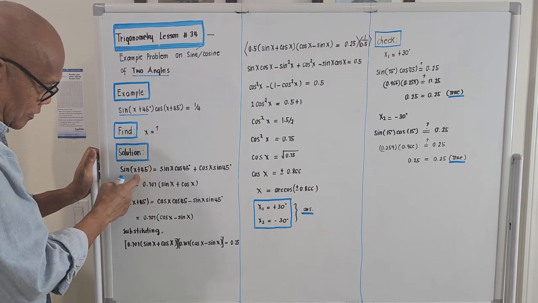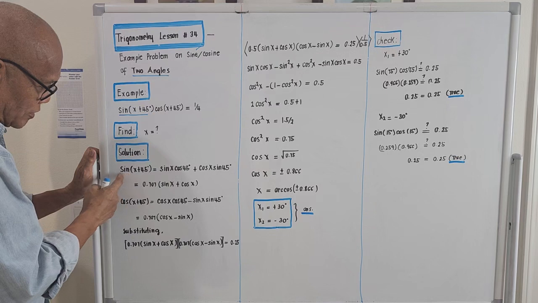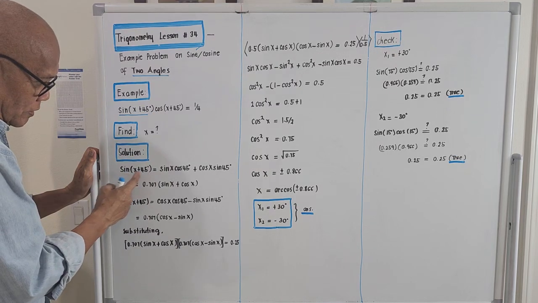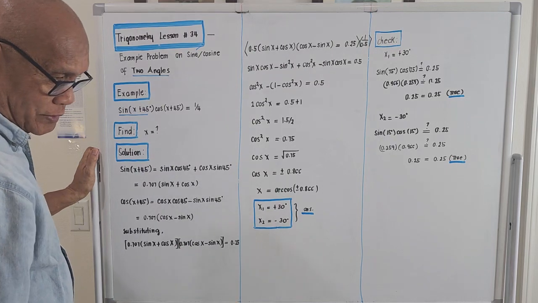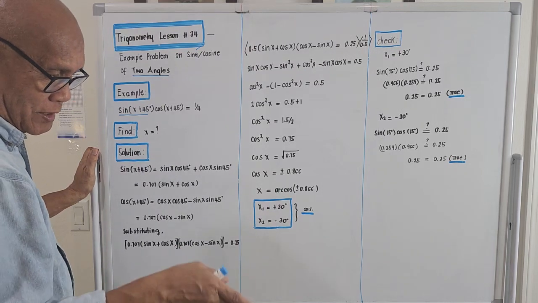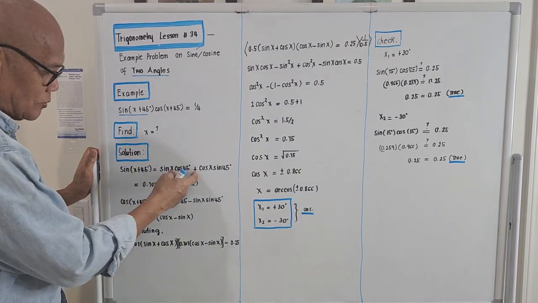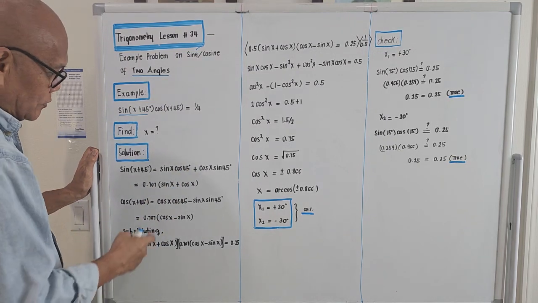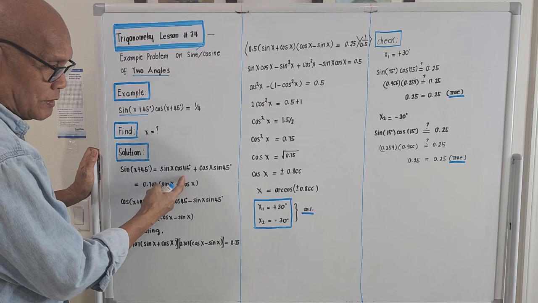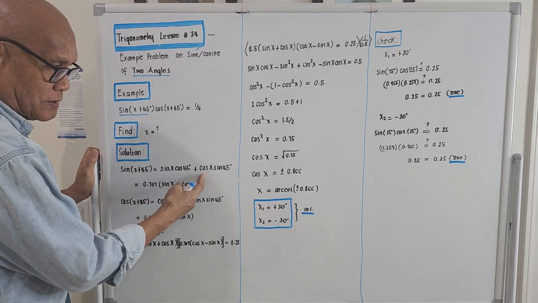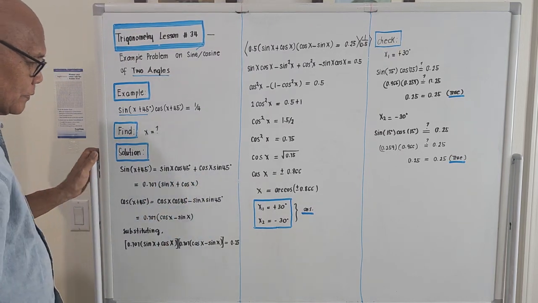So these are two angles, and this is under the sine function. If we try to expand this one, sine, cosine, cosine, sine. If this is plus, this should be plus. So sine of x cosine 45, plus cosine x sine of 45.